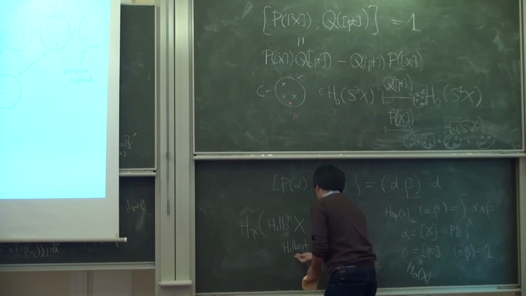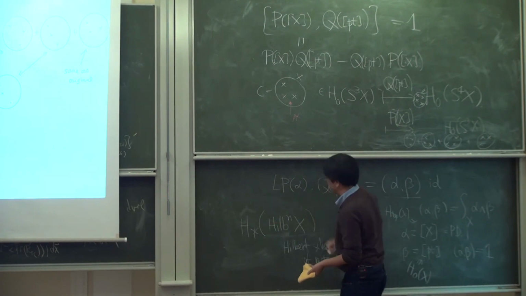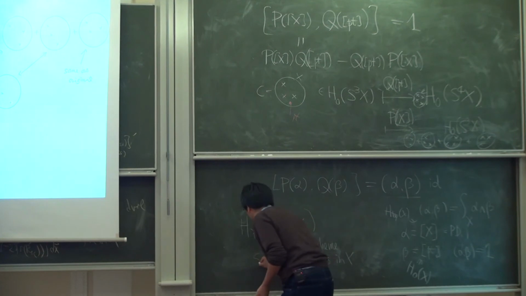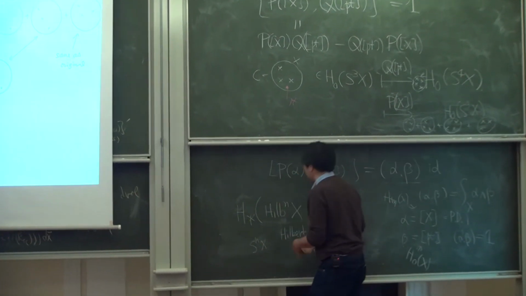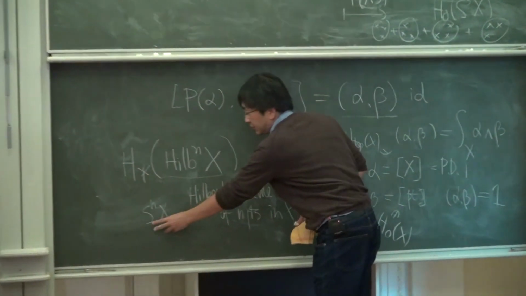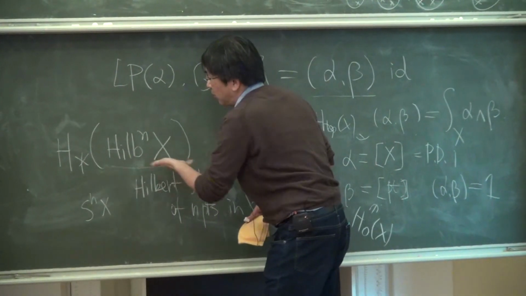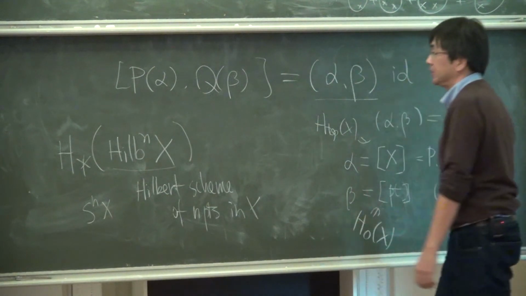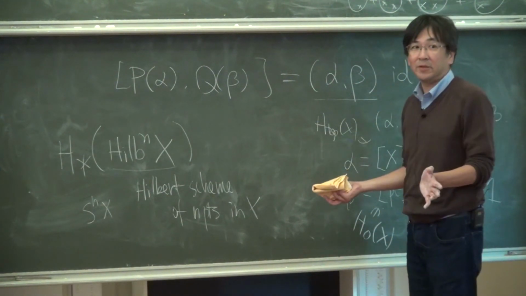The Hilbert scheme is, how to say, some more fancy version of the symmetric power of X, and it is larger than the symmetric power, and its homology group is larger than the homology group of symmetric powers. But the structure is very, very similar.